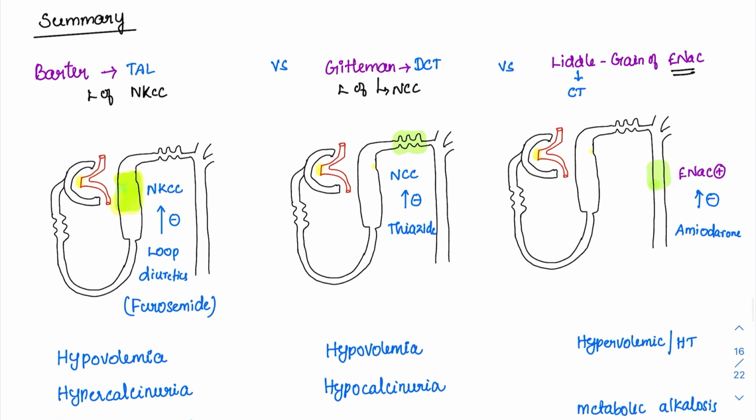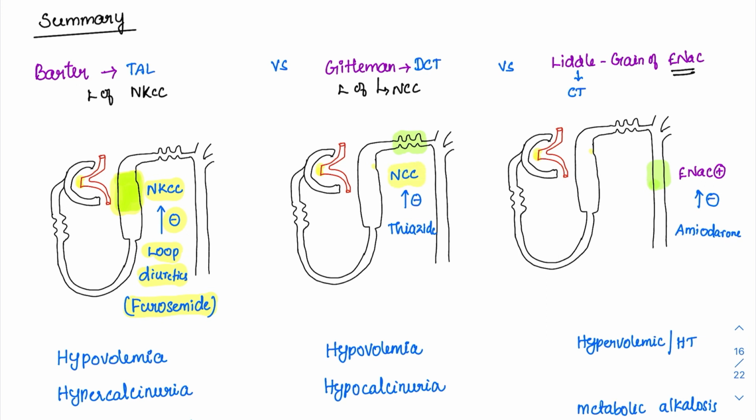The NKCC channels are in the thick ascending limb. One more additional feature of this NKCC channel is the loop diuretics. The loop diuretics can block this NKCC. So all the features of NKCC block or Bartter can be seen with loop diuretics also if they are abused and overused. An example of a loop diuretic is furosemide. Now coming to the second segment, that is the DCT.